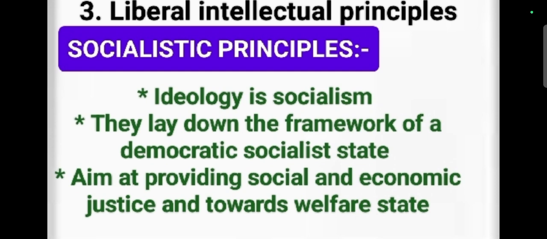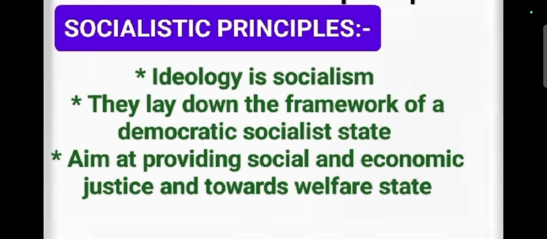So here, the principles reflect the ideology of socialism. Socialism is justice regarding economic, social and political justice, especially where the production and distribution are in the hands of the community as a whole.